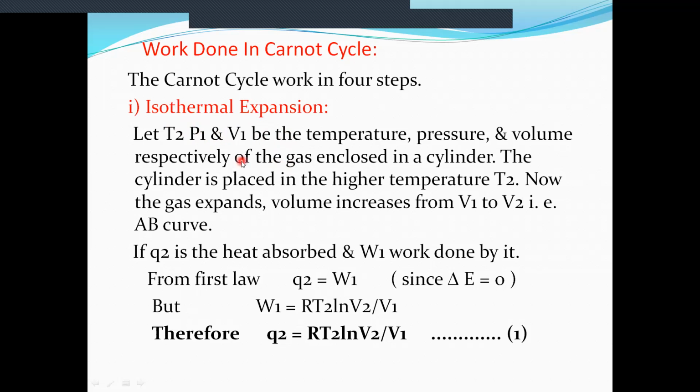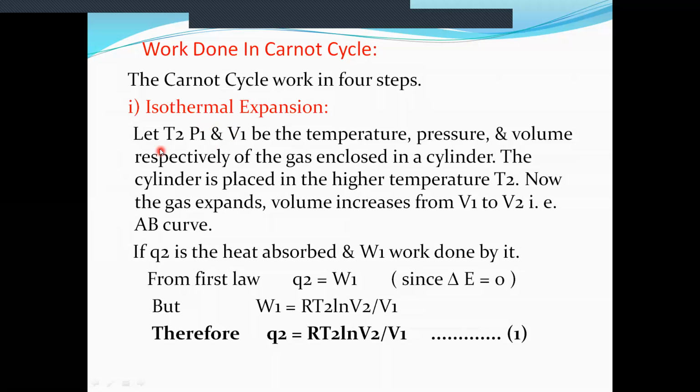Now we see them one by one. In each step we have to find out the work done, and if we add all these 4 work done, we get the total work done. So first we obtain the work done in isothermal expansion.